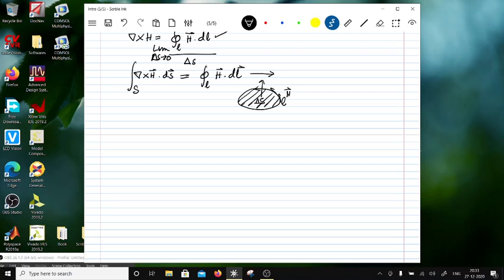If I integrate curl of H over this entire area S, that would be the same. So we have gone from a point form to an integral form. This is called integral form.